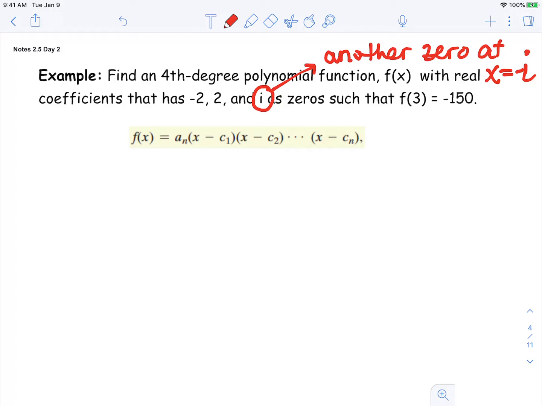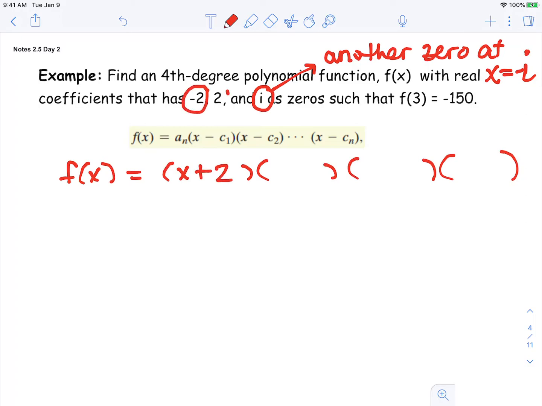So we're going to go ahead and write this in factored form. In the yellow box, I just put your linear factorization theorem. The degree is 4. x, and now I'm going to take care of this first one, -2, so write that in factored form. It's the opposite sign, +2.